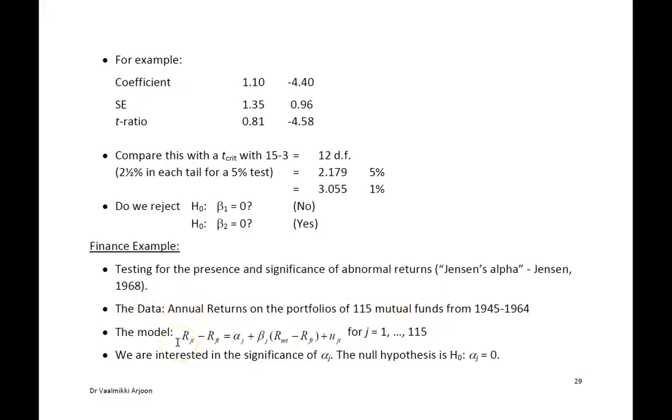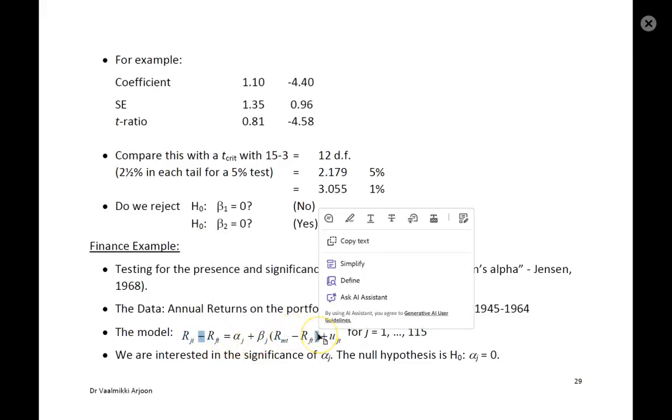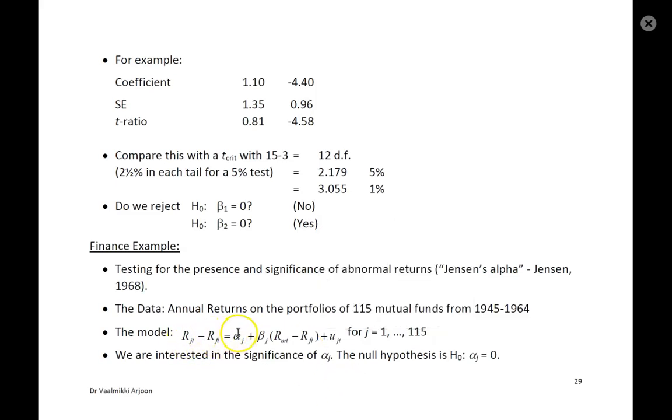So the model is y is equal to alpha plus beta x plus u. Again, y is equal to alpha plus beta times x plus u. That's the regression equation, where y is equal to the returns on portfolio j at time t minus the risk-free rate of return.